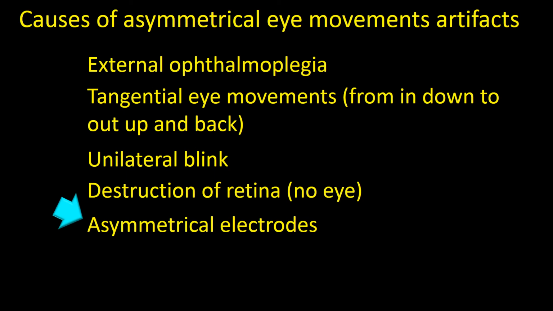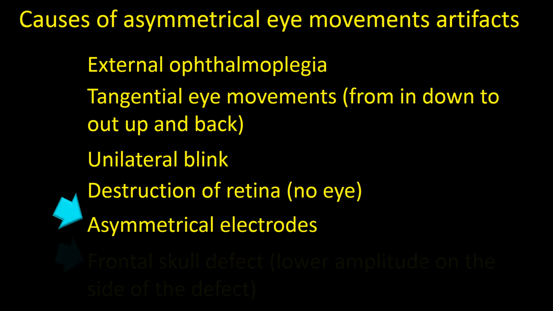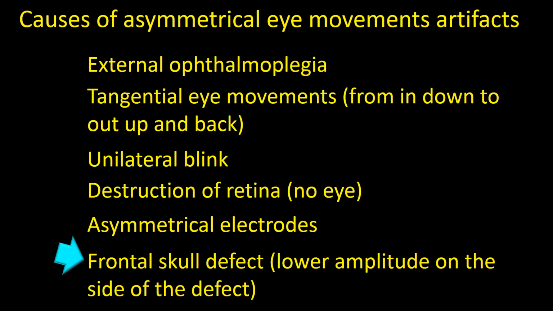Another cause of asymmetrical eye movements is asymmetrical placement of the electrodes. And the last cause of asymmetrical eye movement is frontal skull defect. Remember that there is lower amplitude on the side of the defect.